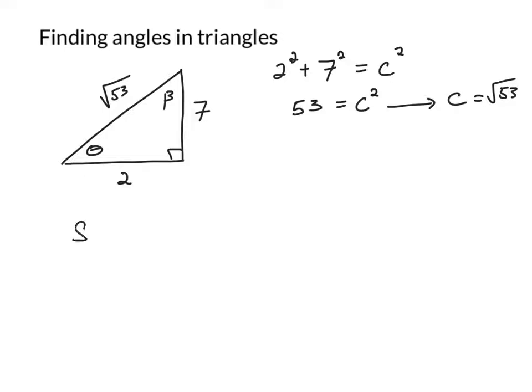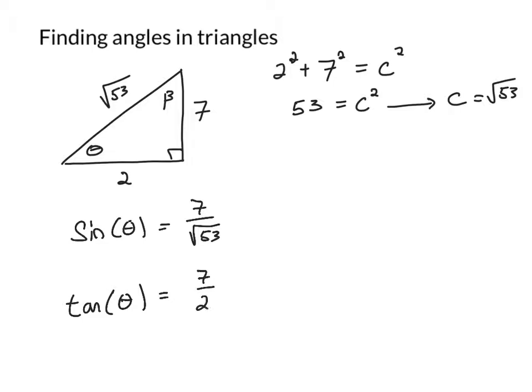So if I take sine of theta, I know that sine of theta is equal to the opposite side divided by the hypotenuse. And so sine of theta is going to be 7 divided by the square root of 53. And tangent of theta is going to be equal to the opposite over adjacent, which is 7 over 2.